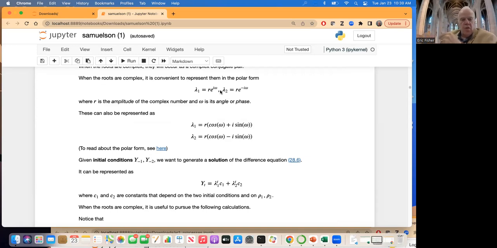Omega says go this much through the circle with each iteration of time. So that's why the solution to all difference equations, that's where we were on Wednesday last week, are partly cycles and partly does it explode or does it shrink. So now that's what we want to look at for the multiplier accelerator model.